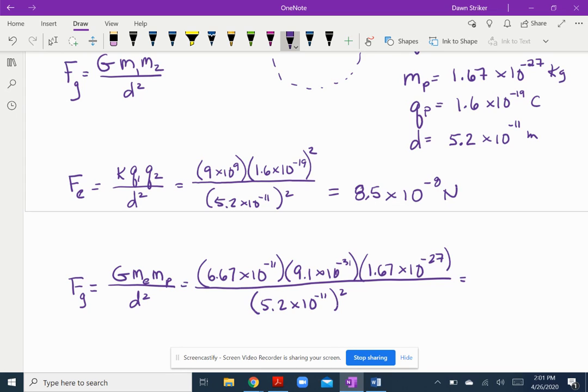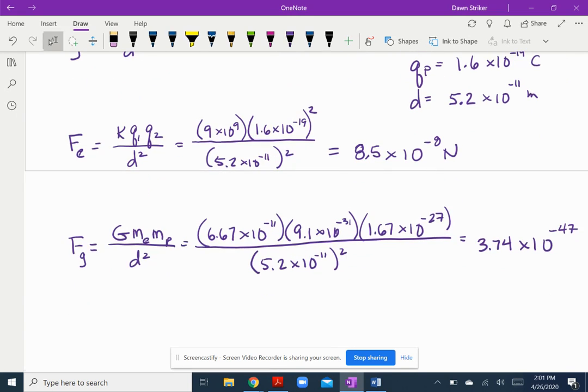Divide that by the quantity 5.2 times 10 to the negative 11 squared. I get a really small number, 3.74 times 10 to the, holy moly, negative 47. That is so small. So I could definitely say the electrostatic force is bigger than the force of gravity.